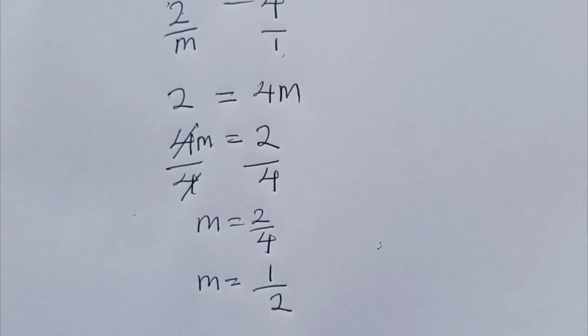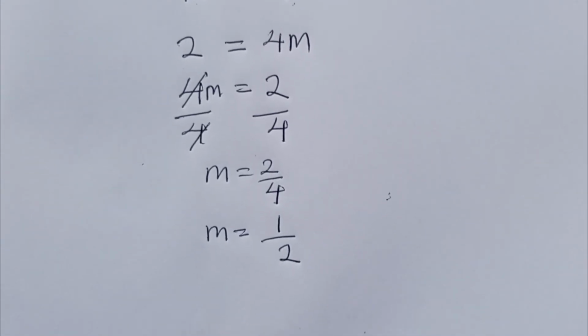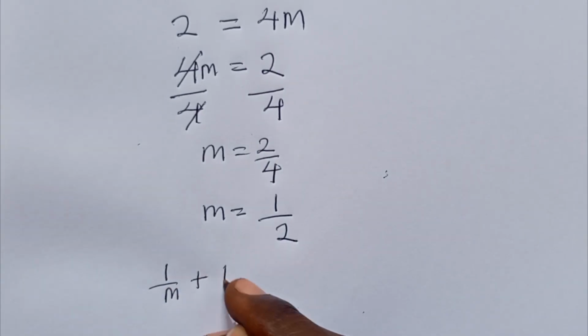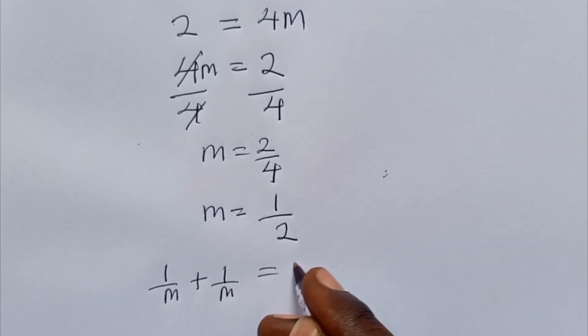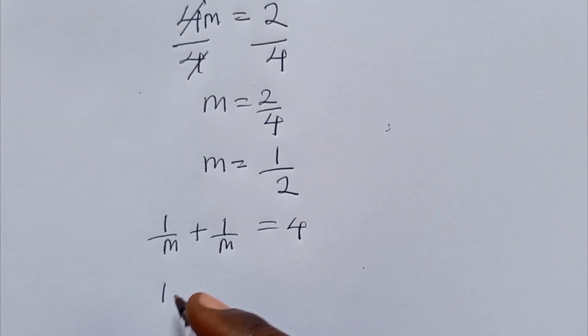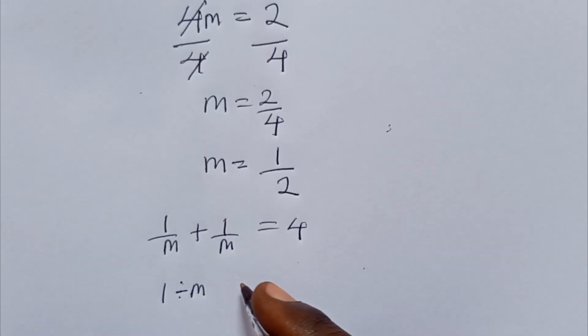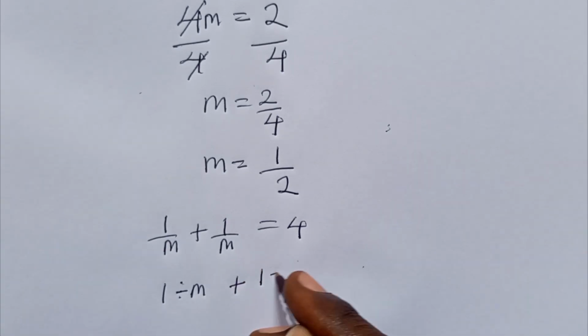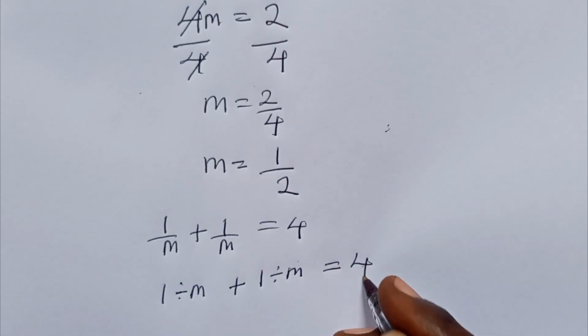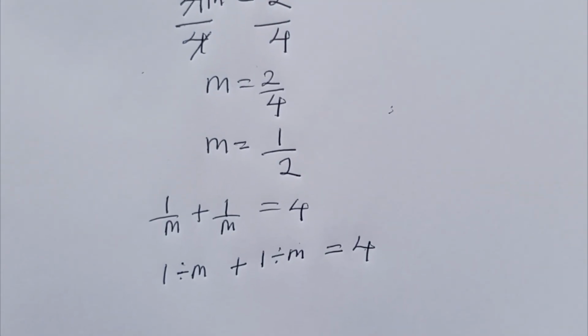But let's confirm if it's actually true, substituting this in our equation, to see if it satisfies 1 over m plus 1 over m is equal to 4. So we can write this as 1 divided by m plus 1 divided by m equal 4, right?